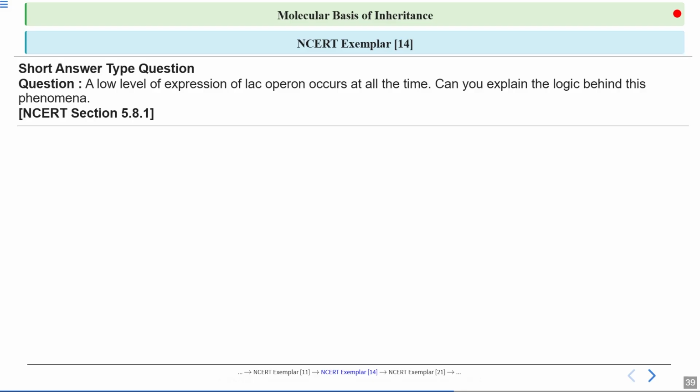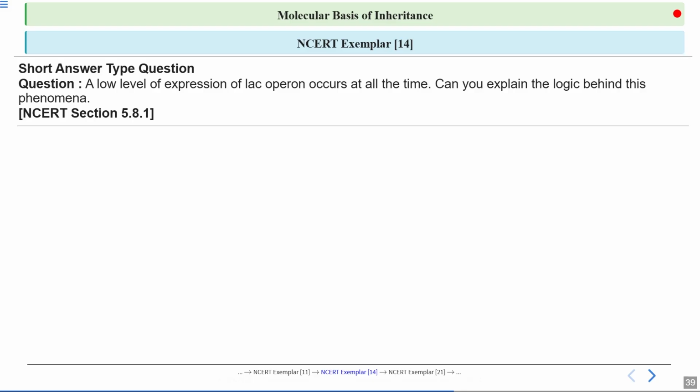So see, when lactose is added in the media or when lactose is present, it has to enter into the cells. How will it enter into the cells? With the help of permease. So we need permease all the time. If permease is not present, the lactose will not enter into the cell and it will not be metabolized. That's why the lac operon is constitutively expressed.